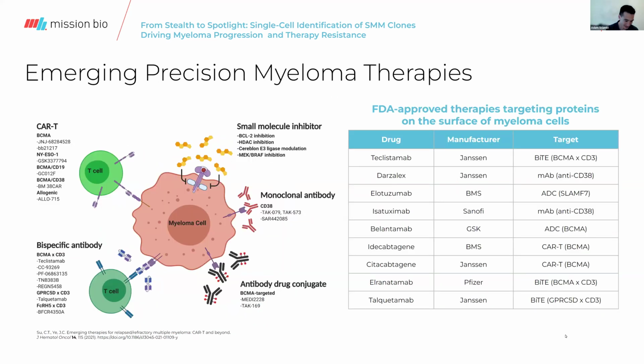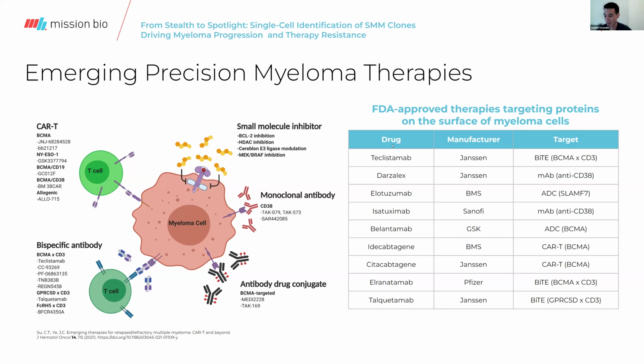There are many driving molecular signatures of multiple myeloma, and then there are also many treatments for multiple myeloma. And you can see here some of the markers and various therapies, from CAR-T, bispecifics, monoclonal antibodies, ADCs, and inhibitors that can help treat the disease.